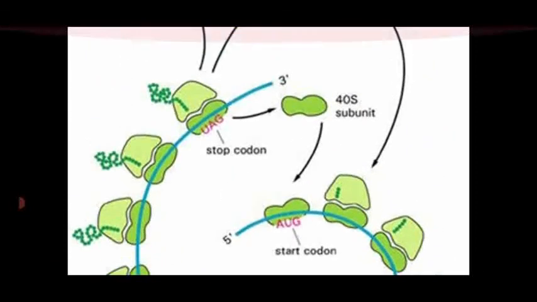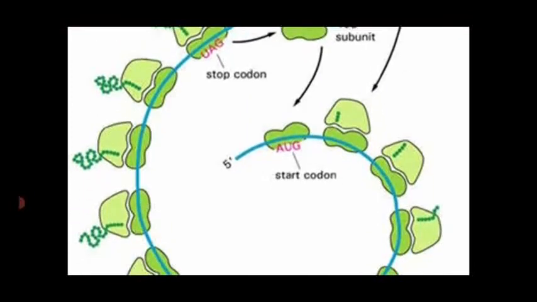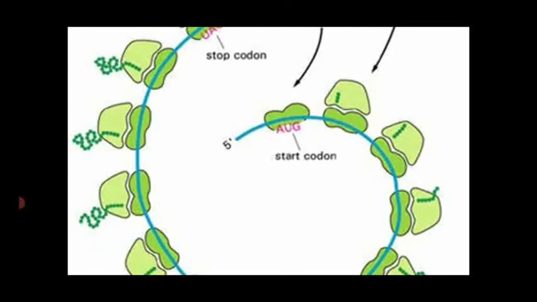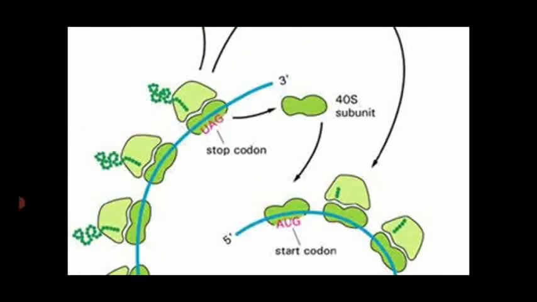Ribosomes arranged along it, forming the polypeptide chain, are known as polyribosomes.